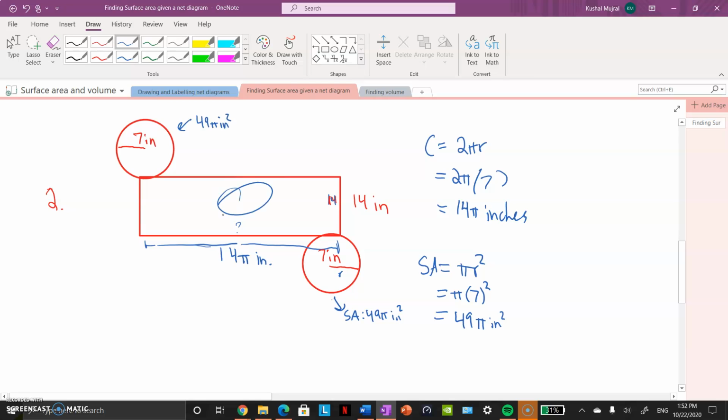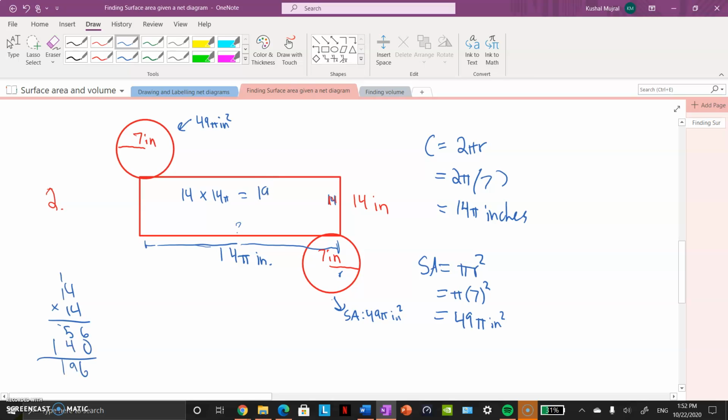And to find the surface area for this rectangle over here, we're going to multiply the side lengths. So 14 times 14 pi, and we're going to do 14 multiplied by 14, which is 196.